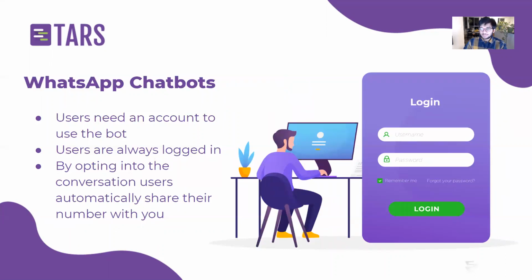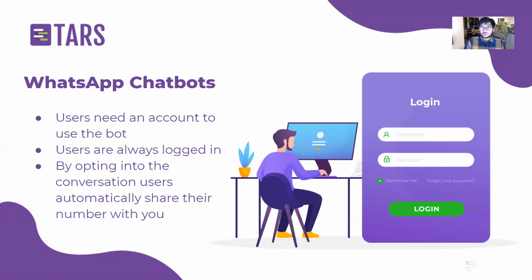Now, I suspect that for most of you on this webinar today, that's not going to be much of an issue because WhatsApp is so ubiquitous today, it's so universal that pretty much everyone has a WhatsApp account. But in that tiny edge case, it can be viewed as a con because for that one person out of 1,000 who doesn't have WhatsApp, if they see a link or a prompt to go talk to a WhatsApp chatbot, they can't do it because they don't have WhatsApp.